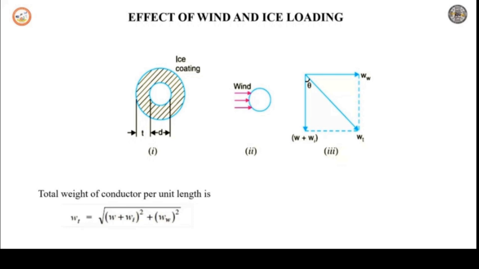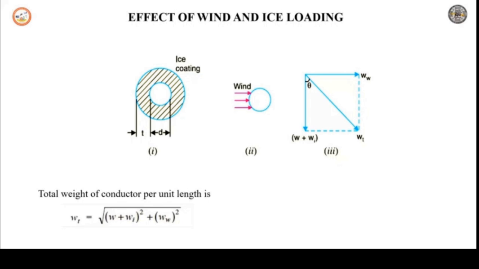So wind pressure P into (d plus 2t) into 1. Together, the force Ww will be P into (d plus 2t). Hence, the conductor gets acted upon by two additional forces: one vertically downwards, Wi, and one in the horizontal direction, Ww.